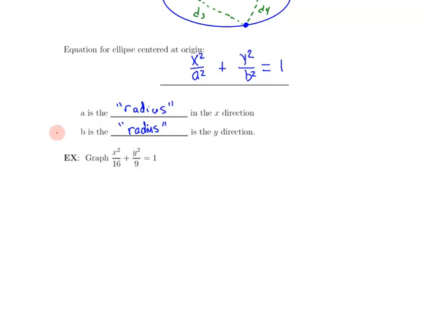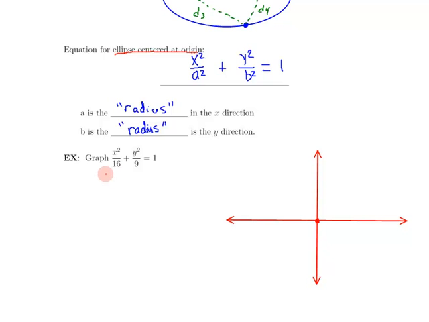This equation is the equation of an ellipse because it has this form. It has a square in the x, a square in the y, and they're added together, and you have 1 on the right hand side. So from that we know it's an ellipse centered at the origin. Looking at this on our Cartesian system, the center of the ellipse is right here.